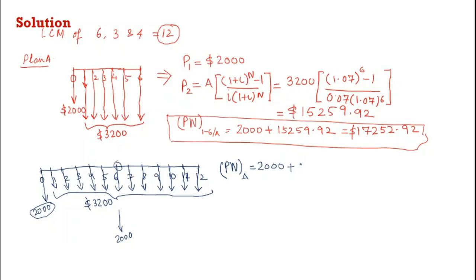So if I just directly write down the relation, it will be 3200 times (1.07 to the power 12 minus 1) upon (0.07 times 1.07 to the power 12), bracket close.